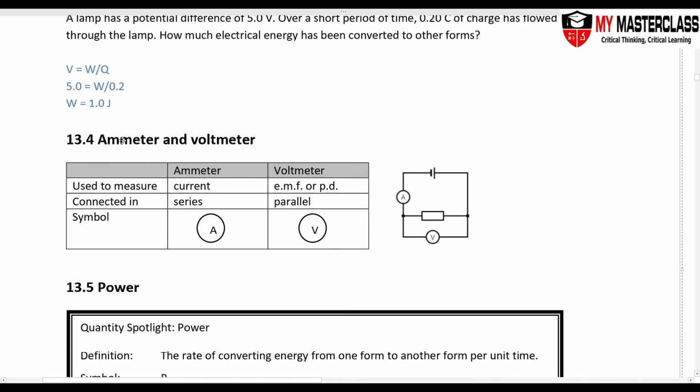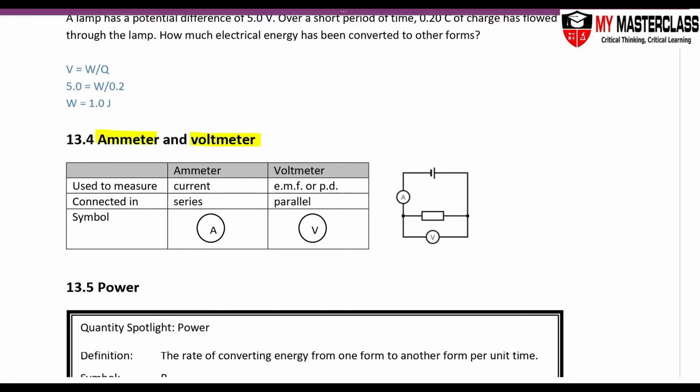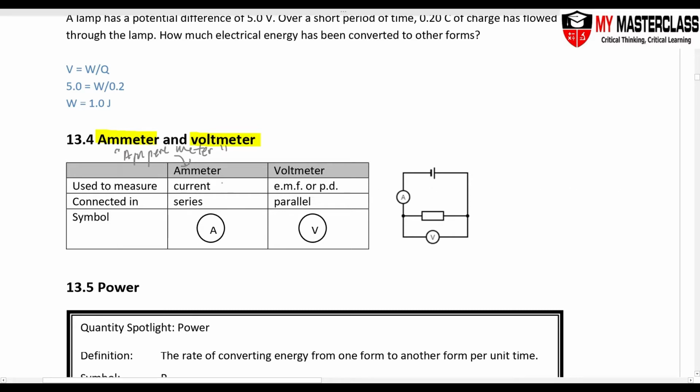Next are the ideas about ammeters and voltmeters. Ammeters are used to measure current because another way to look at this is it's an ampere meter. Ampere is the unit for current, while voltmeter is the voltage meter, and volts is the unit for potential difference and EMF, so it's measuring voltage.